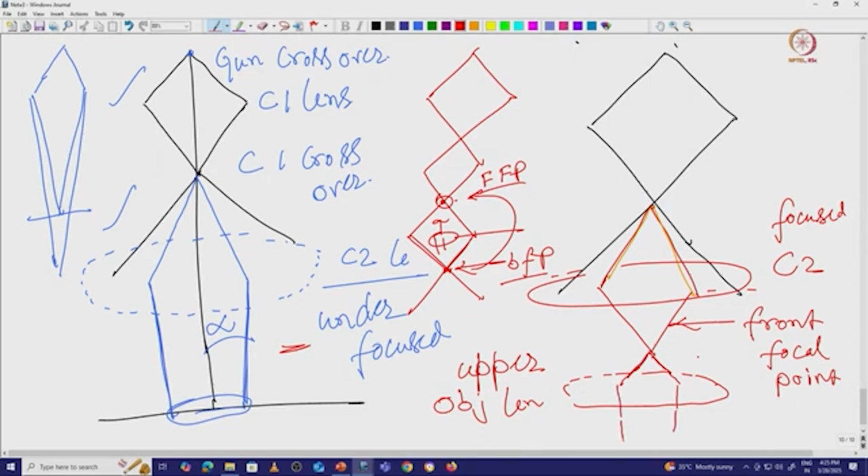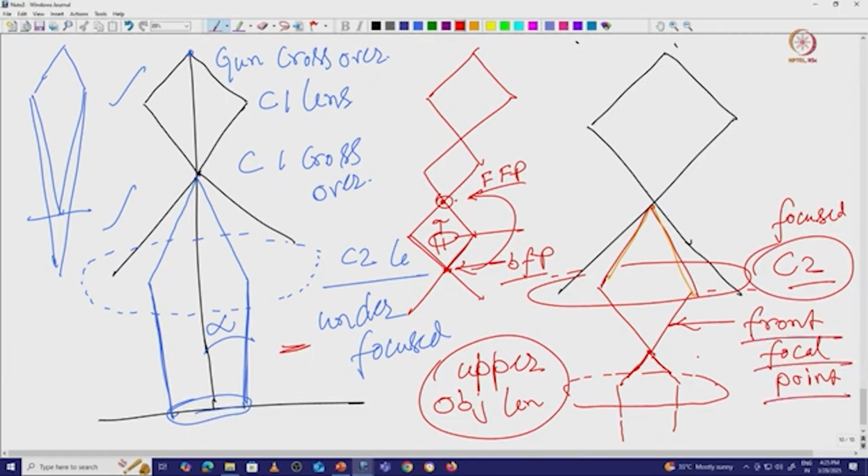So we are using that upper objective lens and C2 lens together and making the crossover point using the C2 lens at the front focal point or front focal plane, which is just above our sample, and trying to make the electron beam parallel using the upper objective lens. So this parallel electron beam will pass through our sample.